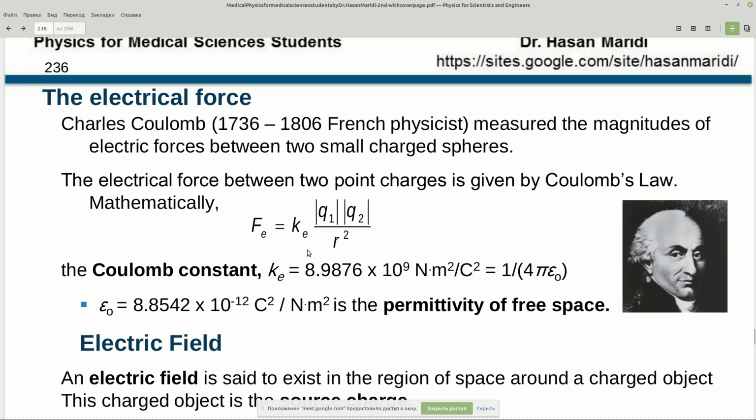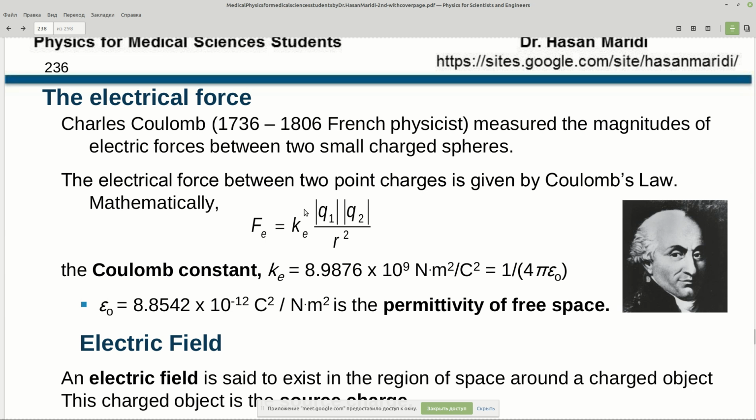Again, an electric field is said to exist in the region around a charged object, and the charged object is the source charge. So we take another charged object, a third charge, and an electric force acts on it.